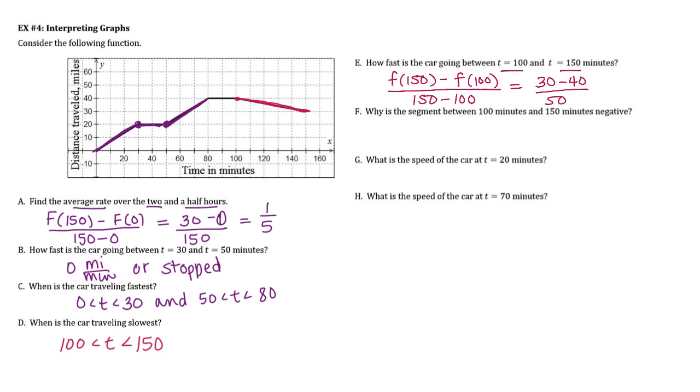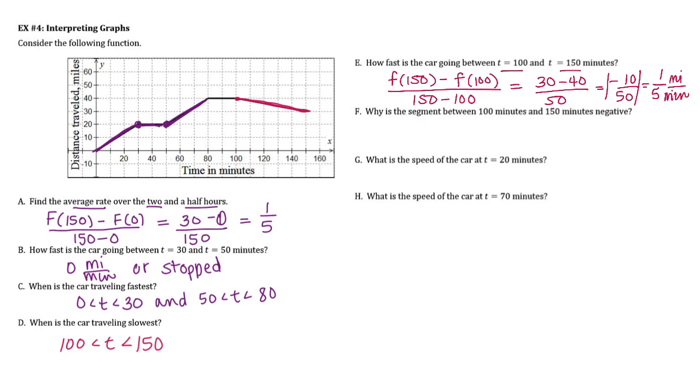And so that's going to give me negative 10 over 50. Since we're talking about how fast, we do need to take the absolute value or the magnitude here. So we're going to have 1/5, and that's going to be mile per minute.